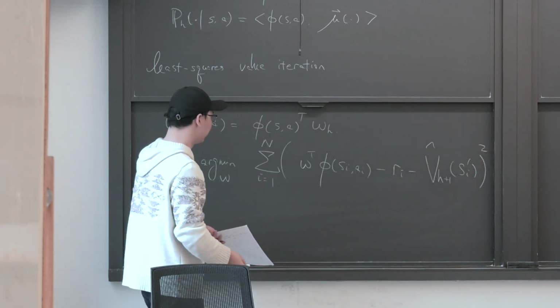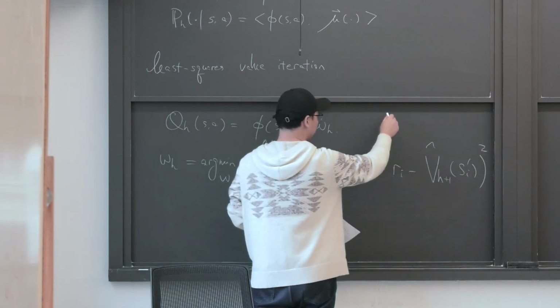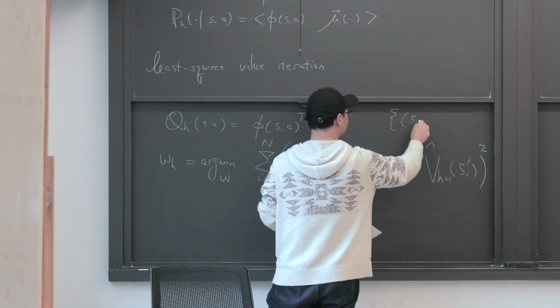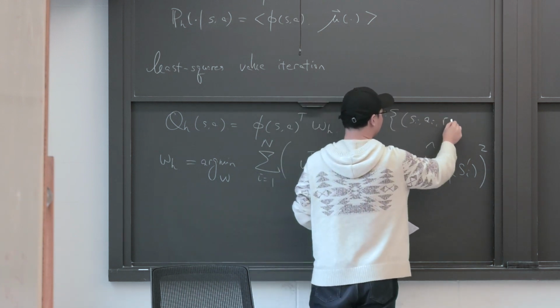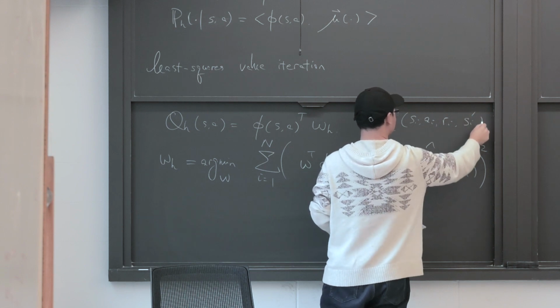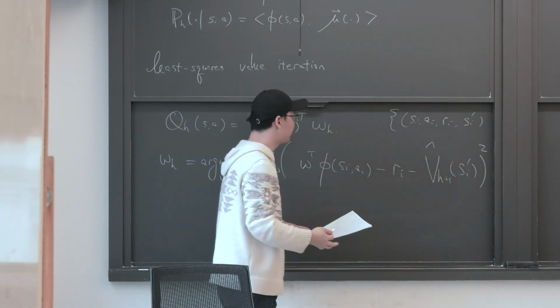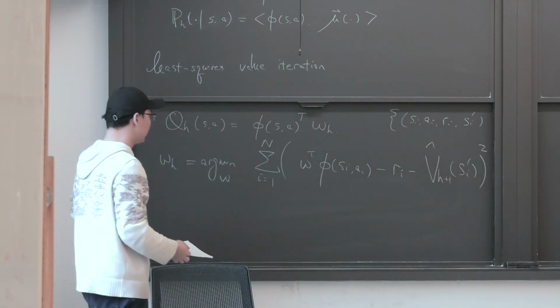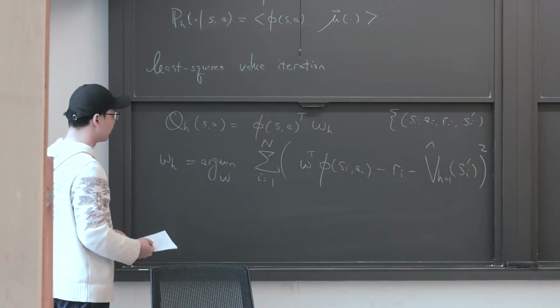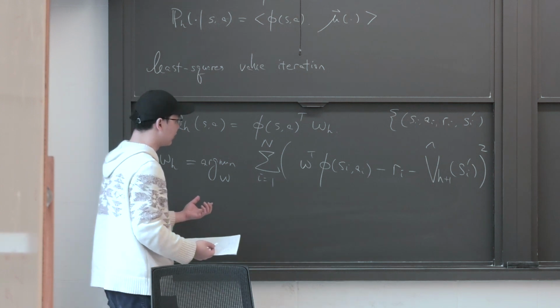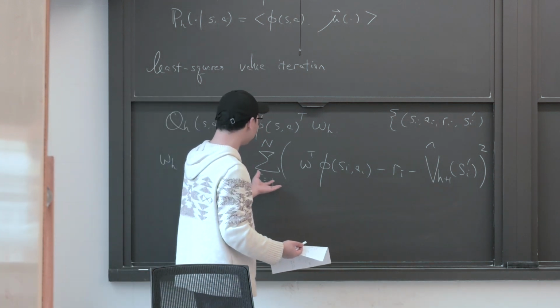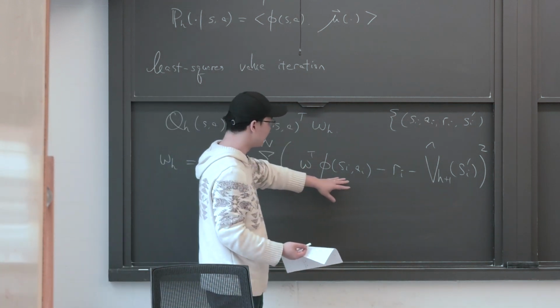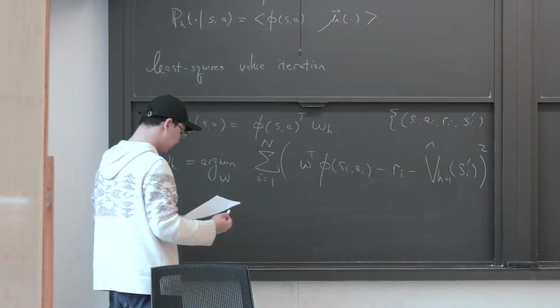That is, we have collected a lot of data tuples in the form of (s_i, a_i, r_i, s_i prime): starting from the current state action pair, what reward we're going to get, and what next state we're going to transition to. In the linear function approximation scenario, instead of directly solving the Bellman equation, we find the linear value which minimizes this square loss.